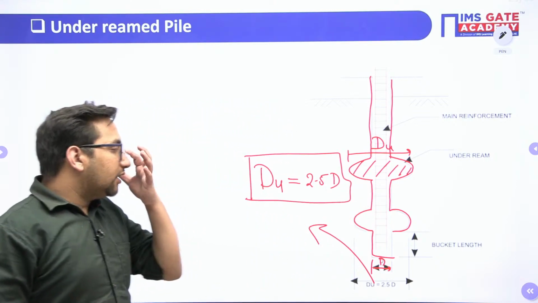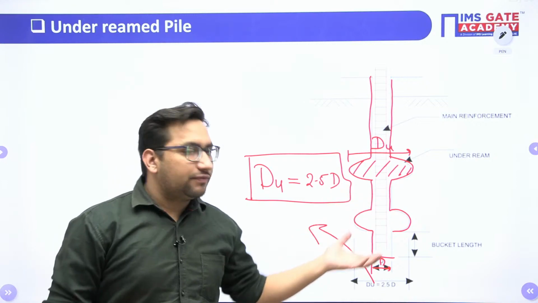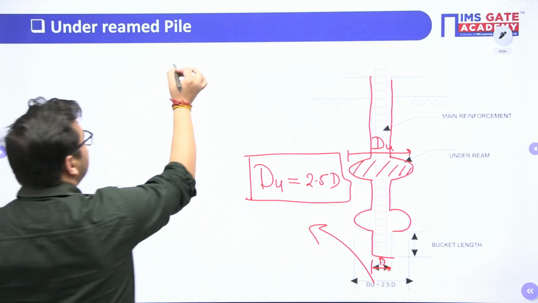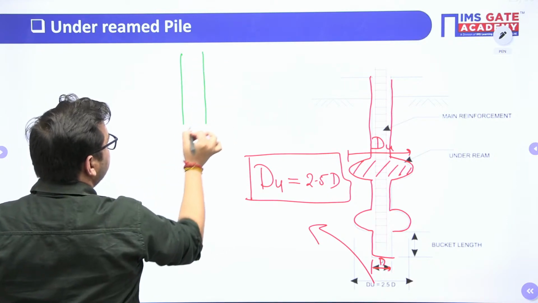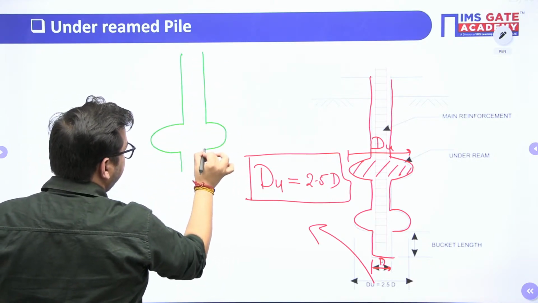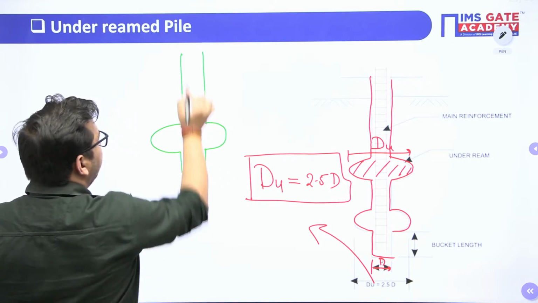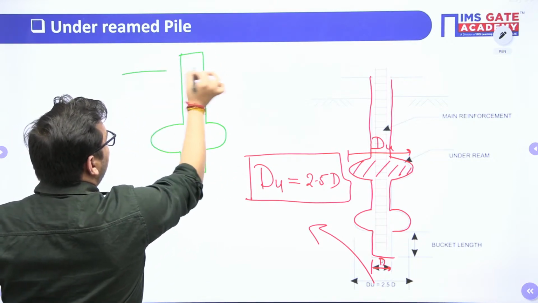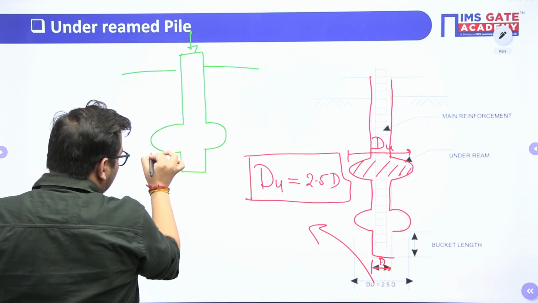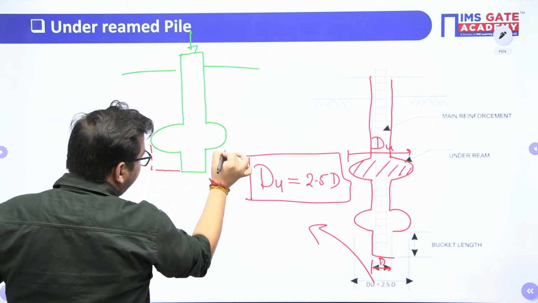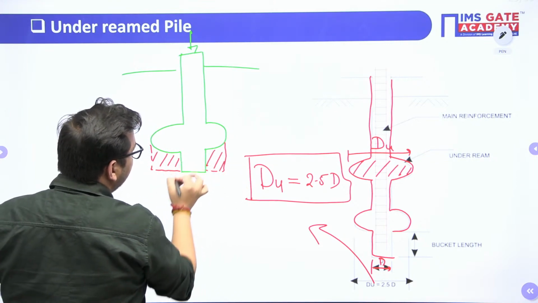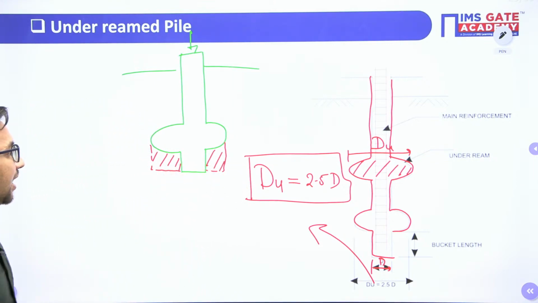Now, how do we calculate the load carrying capacity of this type of pile? That should be known to us. For analysis, I am taking a single bulb first. When load is applied over this pile, the soil in this area will get compacted and act as a part of this pile.